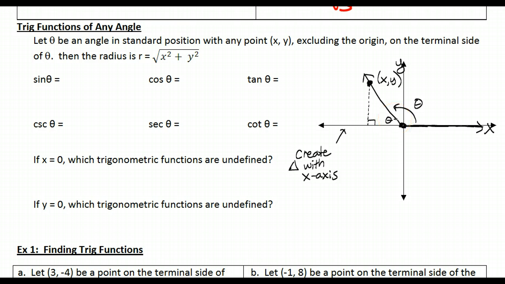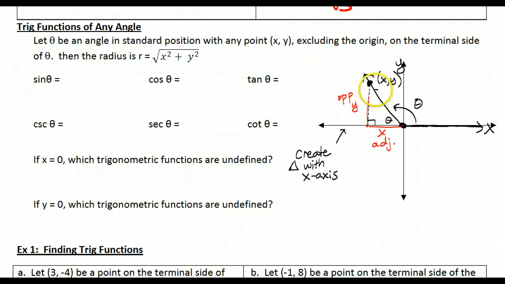And here's what's happening with the triangle I just created. This is the x value. It's the distance I go to get to this spot. This is going to be what I'm going to consider the y value. And as you can see, since theta is right here in the corner, that would be opposite. X would be adjacent. So again, x is going to be the adjacent side and y is going to be the opposite side.